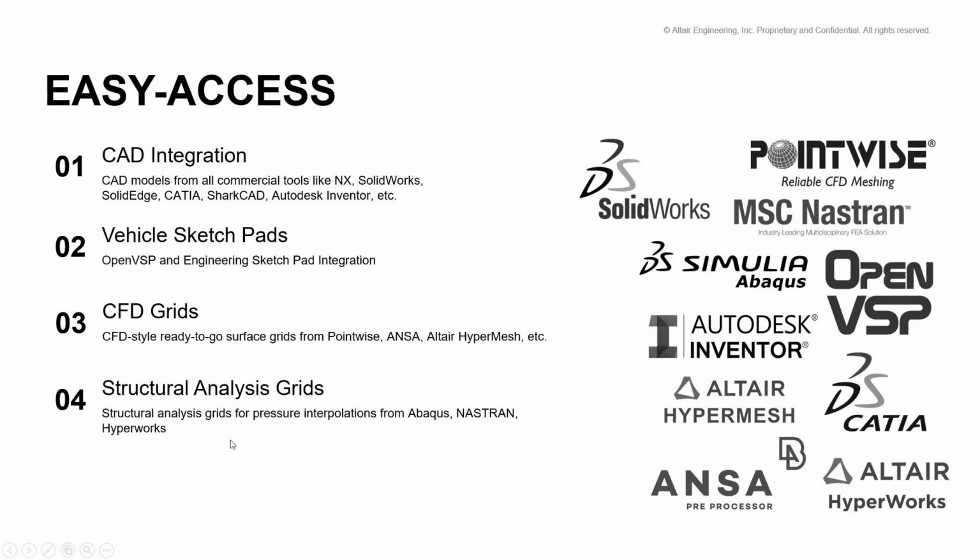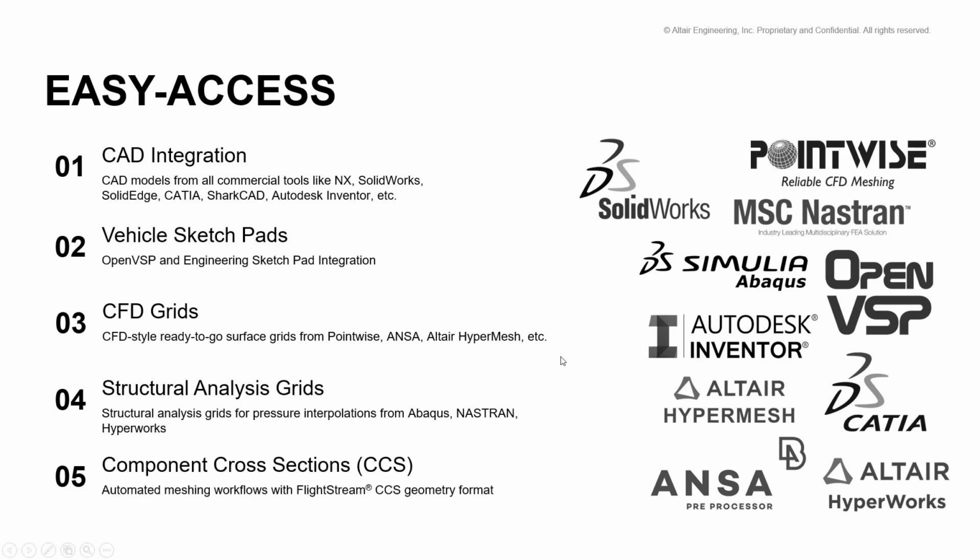Along with that, you can also couple the tool with MATLAB. For example, you pass the information from FlightStream to MATLAB, and there you can do one-way or two-way coupling. That is also possible with this capability.